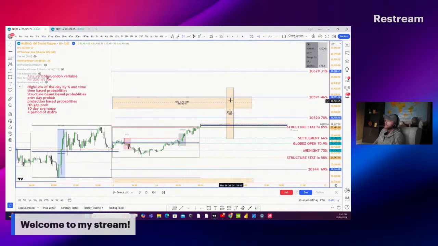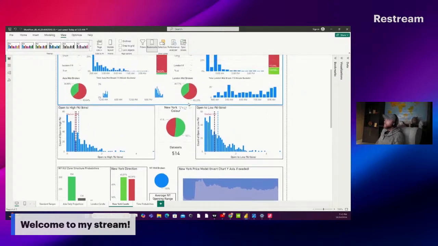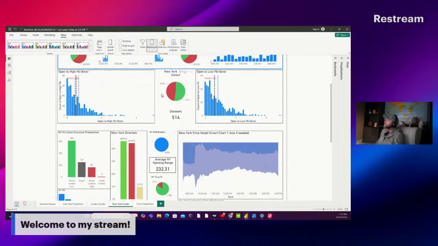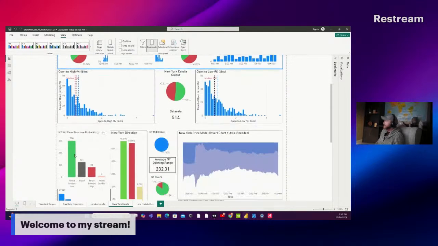And we can see already that statistics are contradicting each other, right? So if this is the high of the day zone, right, how can my 930 and 1030 be all the way up here? So that's something that we're going to dig deeper into. All right. And we can see open to high for New York. Actually, this is New York. Okay, open to high.